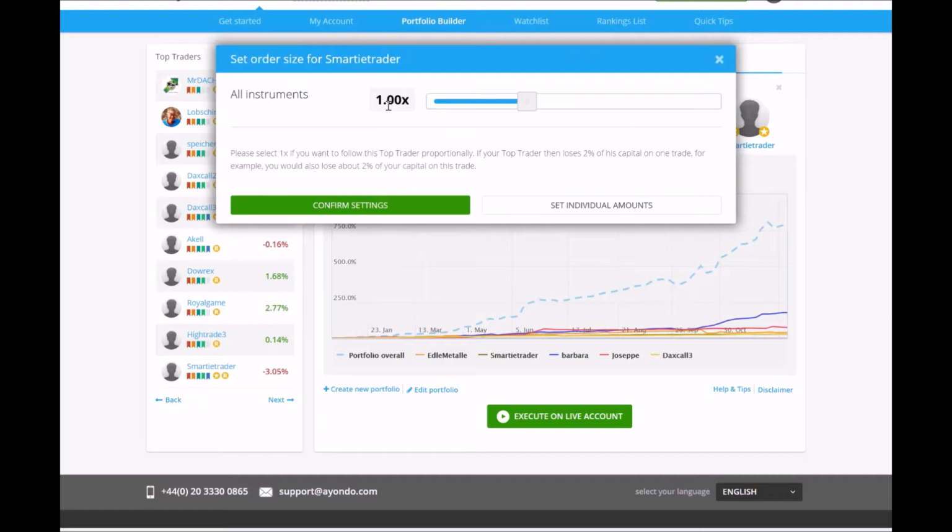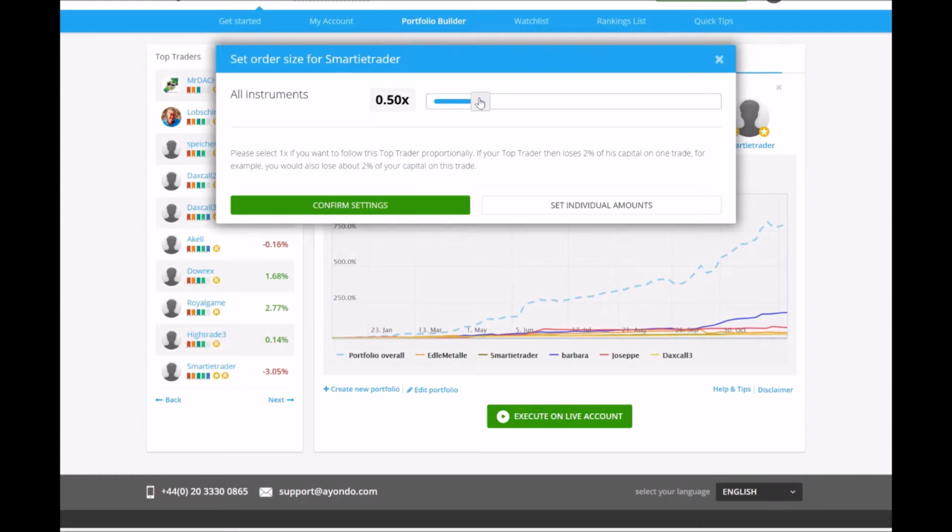So if I've got a £10,000 account, then the risk of loss on that trade will be 2% of that, or £200. But if I'm really confident about Smarty Trader, I can bump that up if I want to, so I'm taking on 3 times the risk that person is. Or if it's a new trader and I'm not quite sure, I can knock that back down. So I can choose to trade a quarter of the risk they're trading, or a half, or three quarters, or match it. Let's say I think, well, actually, Smarty Trader, we've got this long track record, but has only been real money since June.